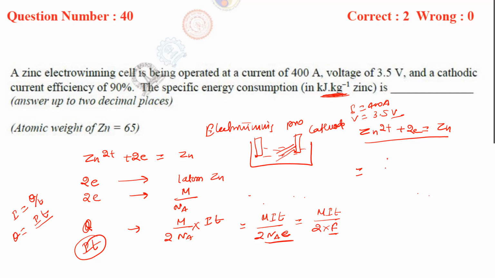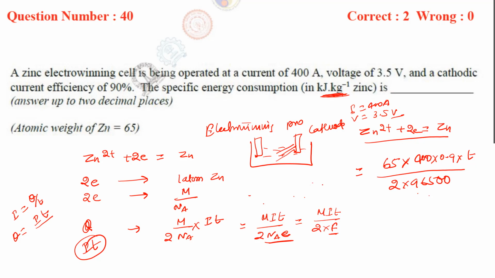So MIT: M is 65, I is 400 ampere, but here it is given that the current efficiency is 90%, meaning only 90% of the current is used to deposit at the cathode. So 0.9 times time, let it be T, over 2 into 96500.